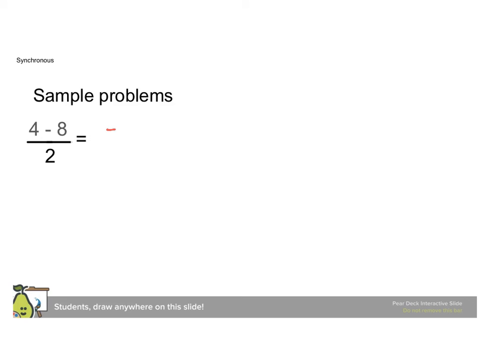So 4 minus 8 is -4. And then I have 2. Now I can say, okay, I've got a negative here and a positive here, so my signs are different. So if they're different, my answer will be negative. So what is 4 divided by 2? That's just 2, so my quotient is -2.